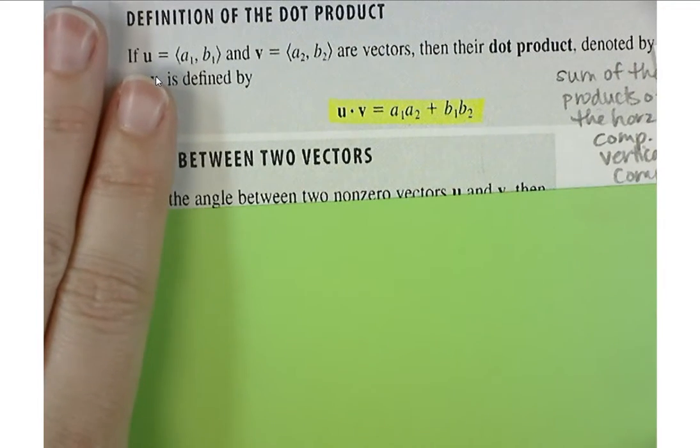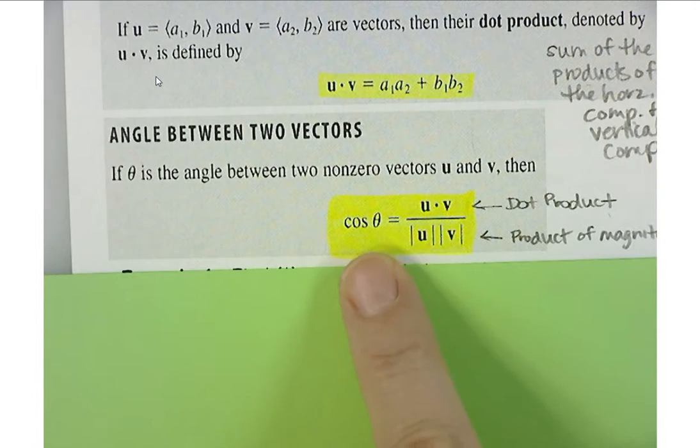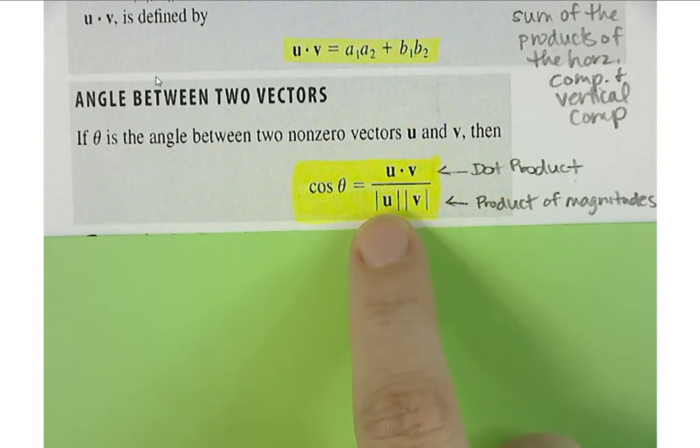The next formula that we're going to use today is the angle between two vectors. So the angle between two vectors is going to be the cosine of theta equals u dot v, and that is the dot product. And then remember what the absolute value means. If you have the absolute value, that means you're calculating what?